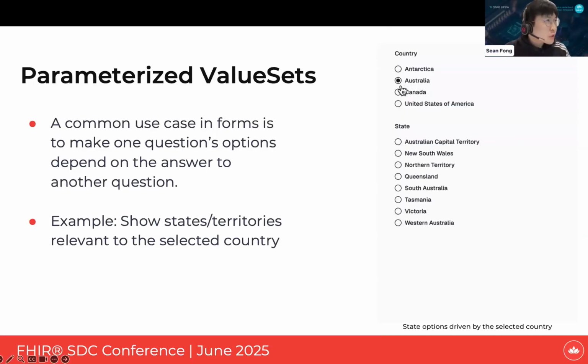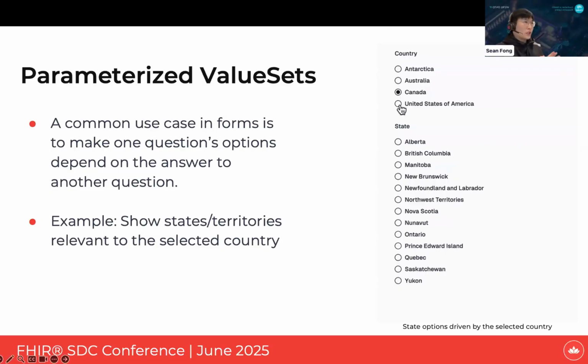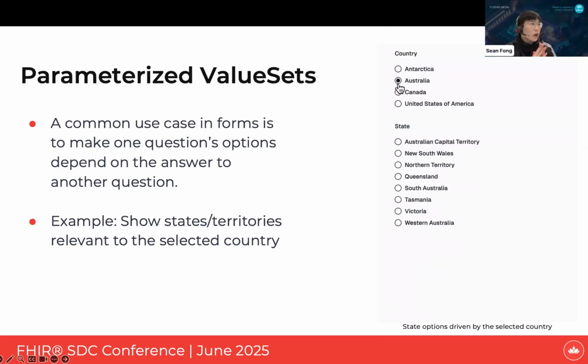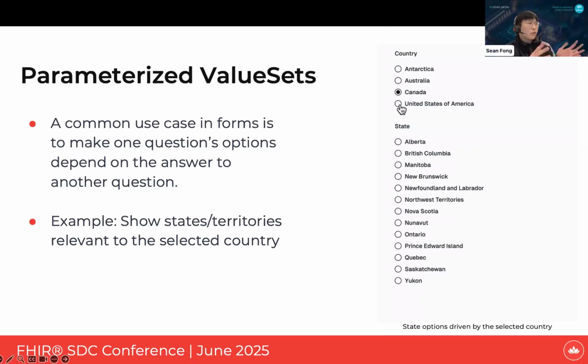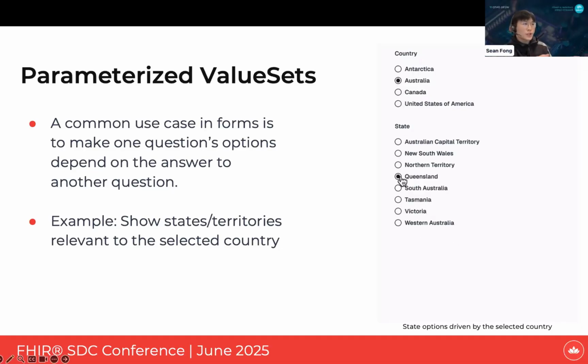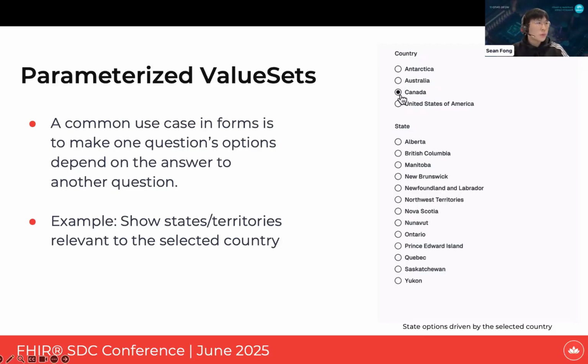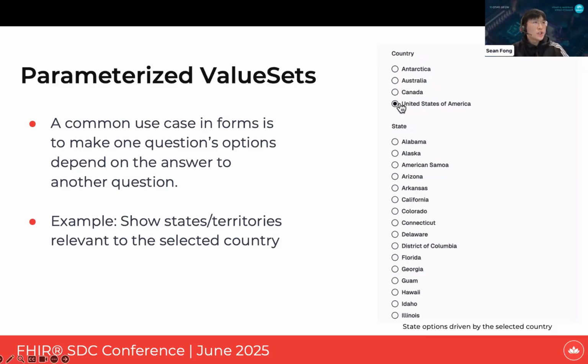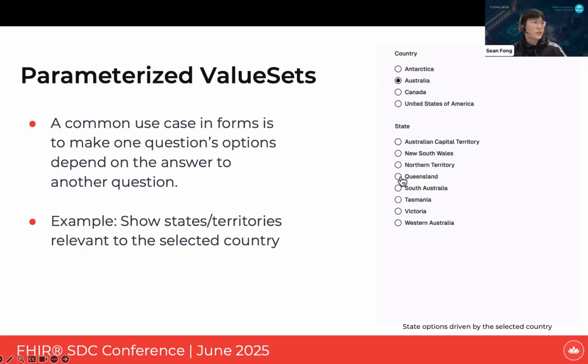Okay, now going into the real topic, which is parameterized value sets. I'm just going to give you a very, very simple example here. The background is a common use case in forms is to make one question's options depend on the answer to another question. So for example, a simple one is show the states/territories relevant to the selected country.